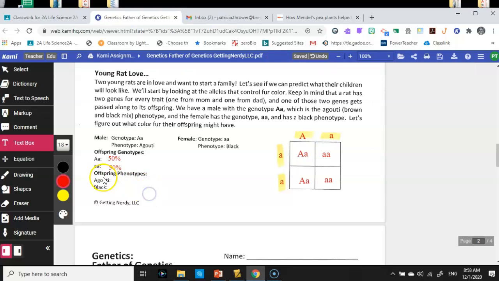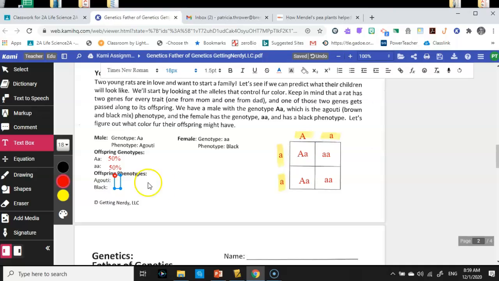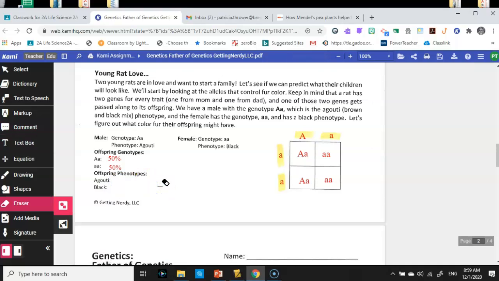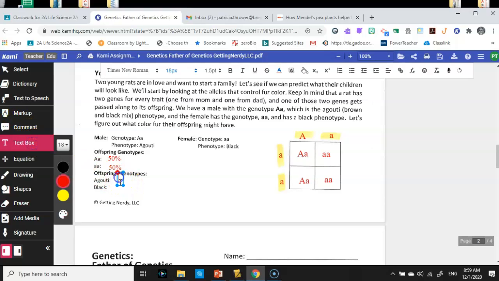And when we talk about phenotype, that's what the trait looks like, and we're talking about fur color here. So this one here is the agouti, or the brown and black combination of fur, which is the dominant color. That's going to occur 50% of the time.